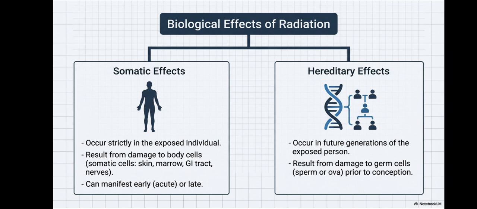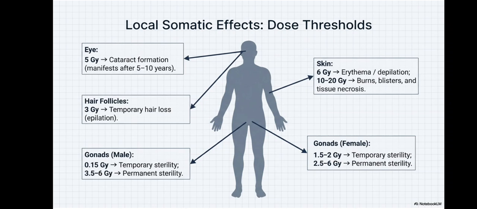Then we discuss local somatic effect, which includes radiation exposure to a specific organ, which was already discussed in previous slides. Eye: cataract formation at more or equivalent to 5 gray. Hair follicles: damage at 3 gray.